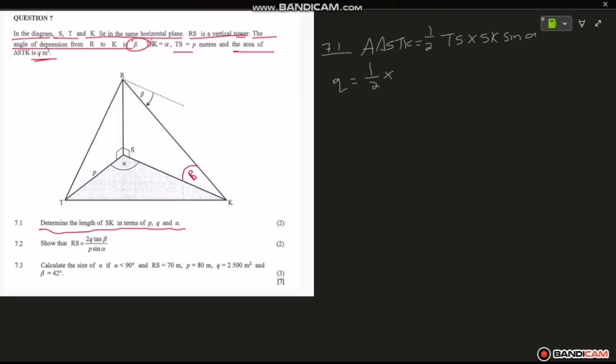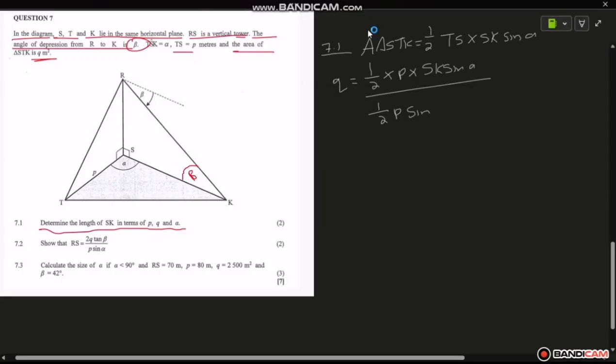So half multiplied by TS. TS is P. Then SK, times sine A. Then they want us to make SK the subject of the formula. Therefore, we're going to divide everything by half P sine A. Let me just make myself a space here so that we'll be able to divide both sides clearly.